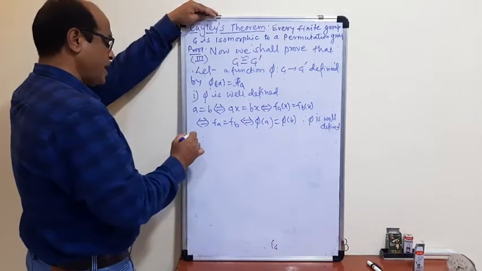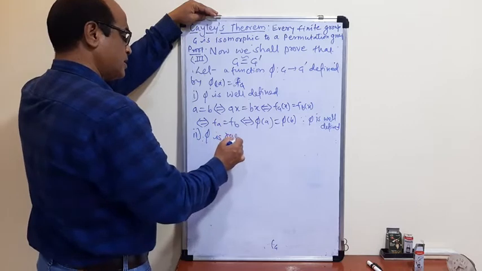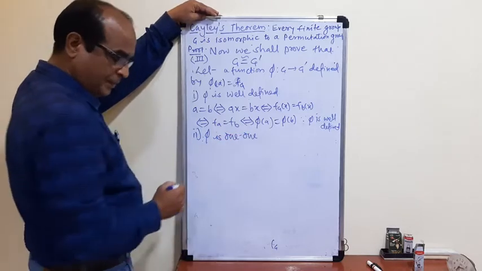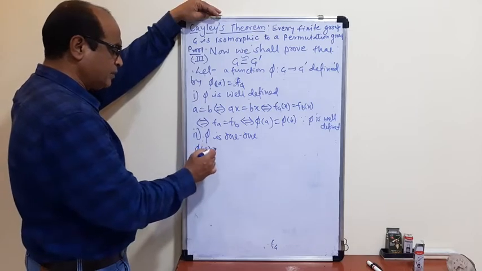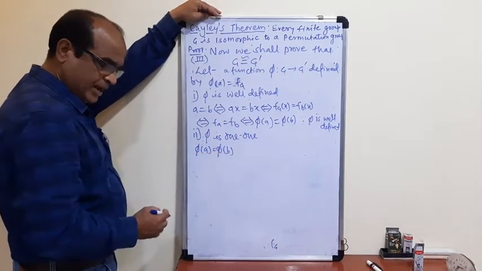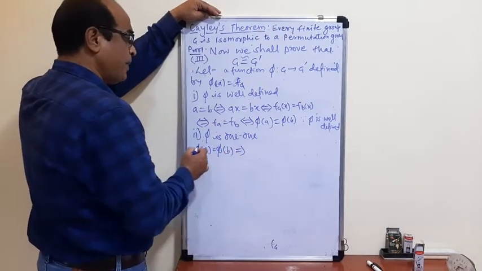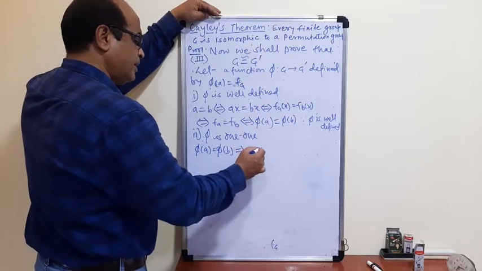So what is the second part? Phi is 1 to 1. We prove that phi is 1 to 1. Consider phi a is equal to phi b. Phi a is fa, and phi b is fb.